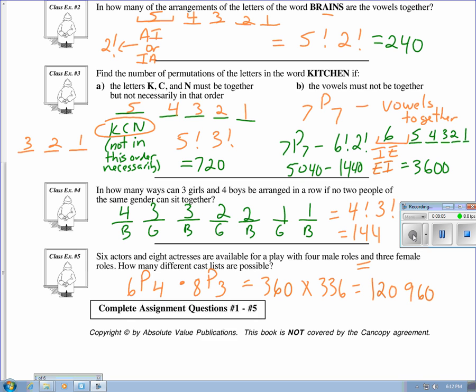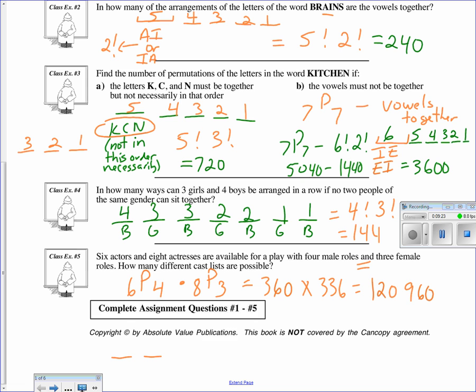So 2 answers there, 144 for class example 2, 120,960 for class example number 3. And you could write out class example number 5 like we did class example number 4. There are 4 male roles. I had 6 actors, so I have 6 choices, 5, 4, 3. That might be easier to do on your calculator, I'm not sure.